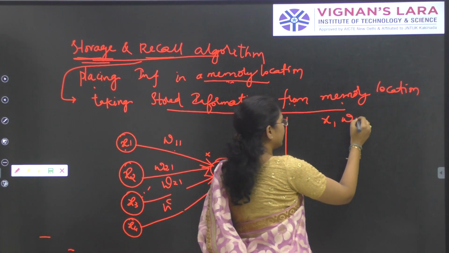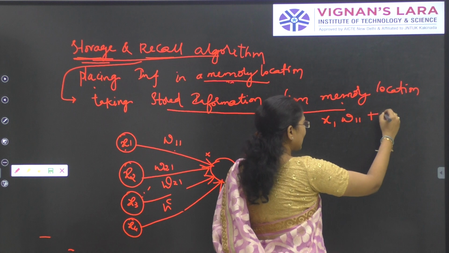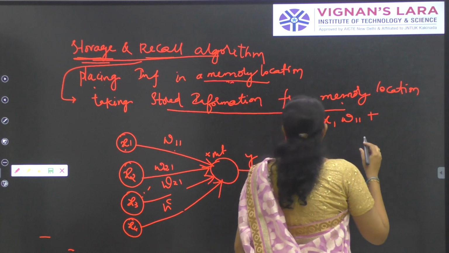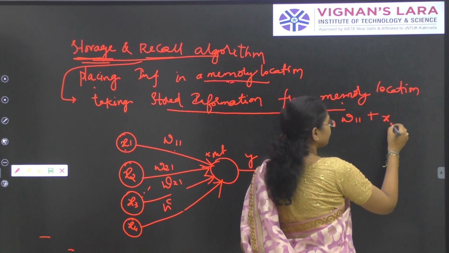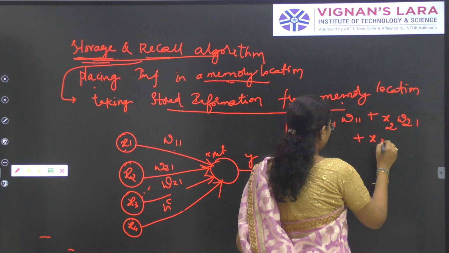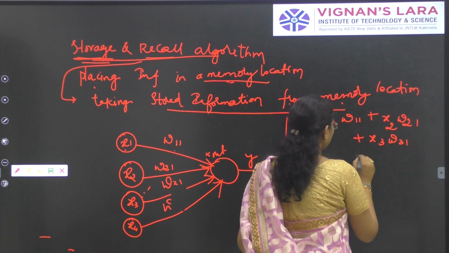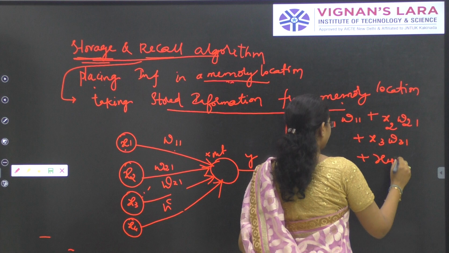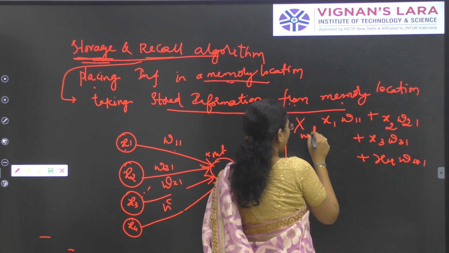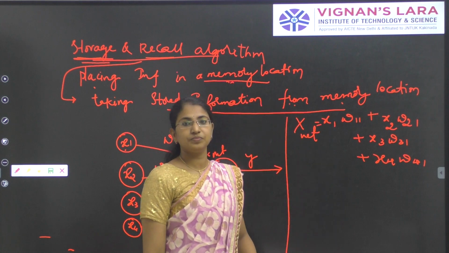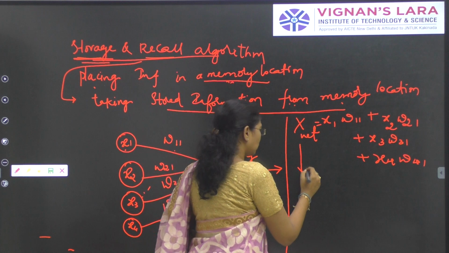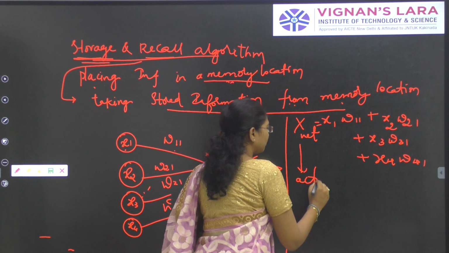You need to calculate xnet: x1 multiplied with w11 plus x2 w21 plus x3 w31 plus x4 w41 is your xnet. Now what will you do? You will send this xnet through some activation function.